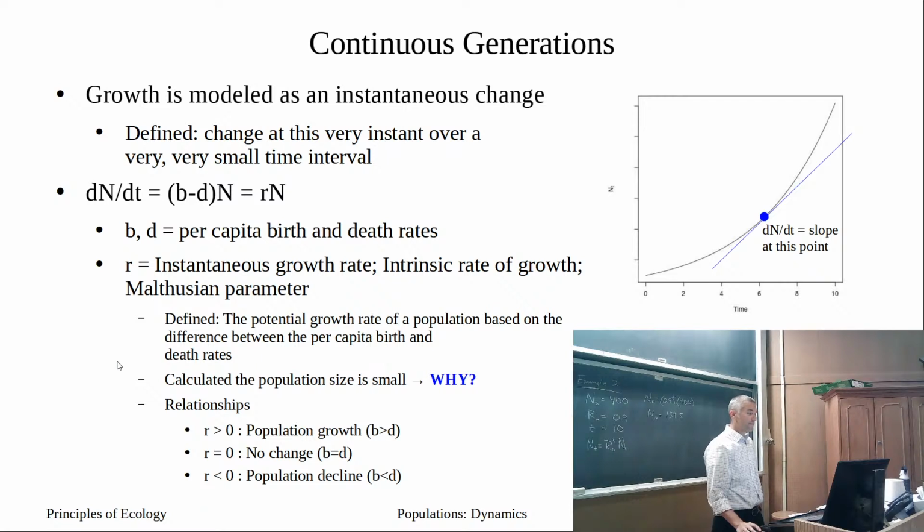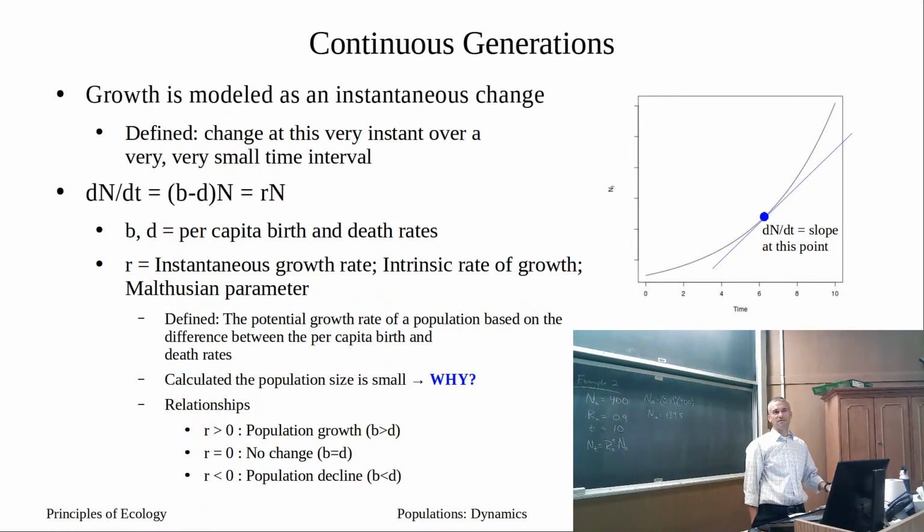Now, I have this here. In all of our problems, I tell you r, but we can go out and calculate little r for a population, but we have to do so when our population is small. Why is that? We'll talk about it next week, probably.